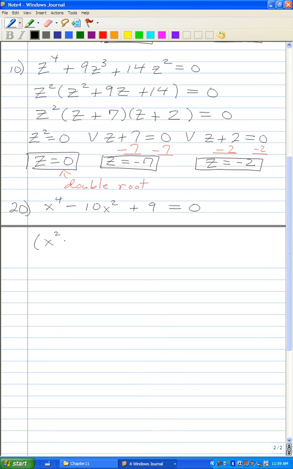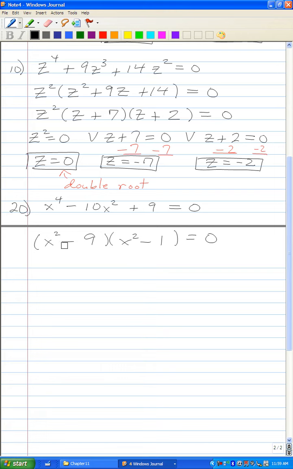So let's bring down the x squared. Minus times plus is minus. So I want two whole numbers whose product is 9 and whose sum is 10: 9 and 1. But each of these is a difference of squares.